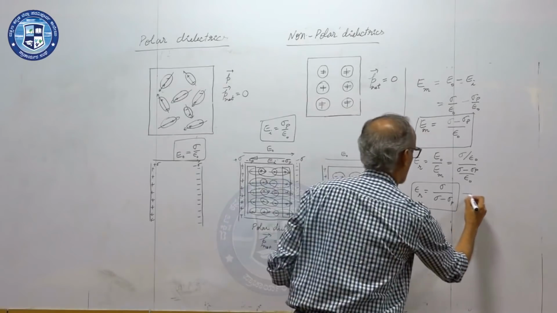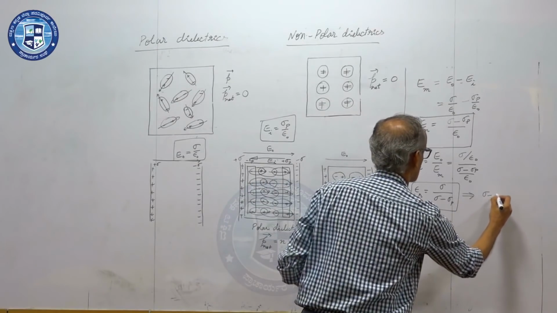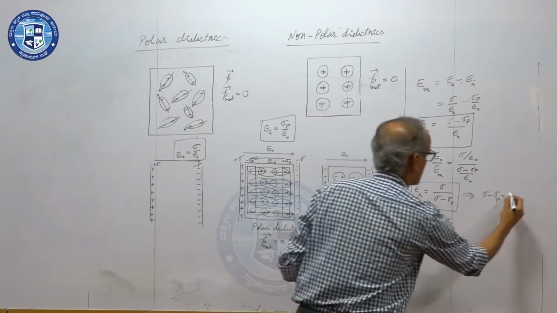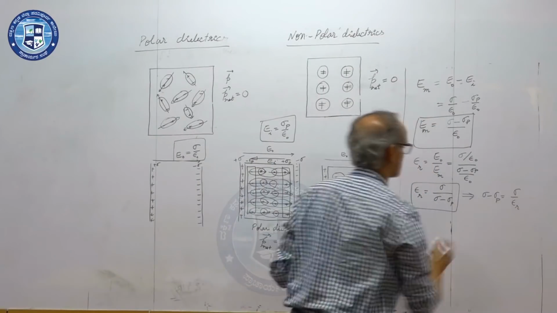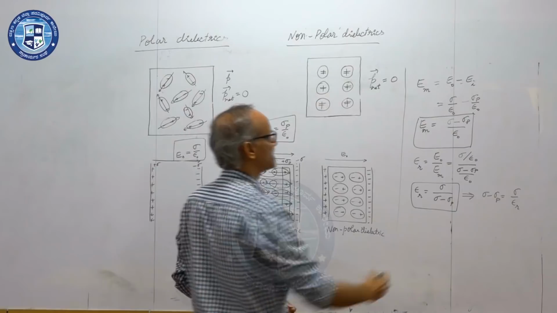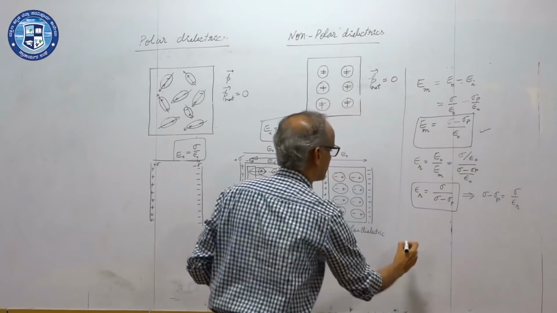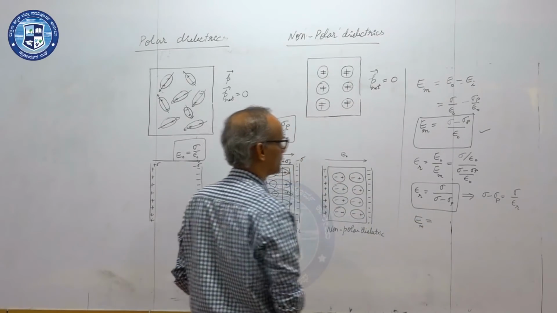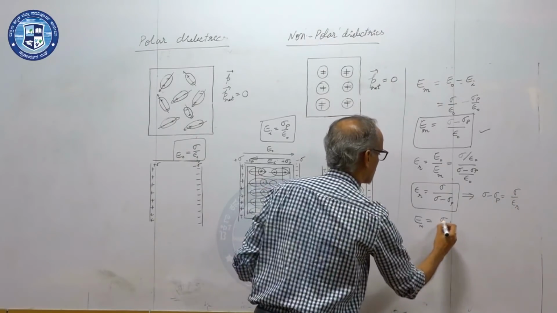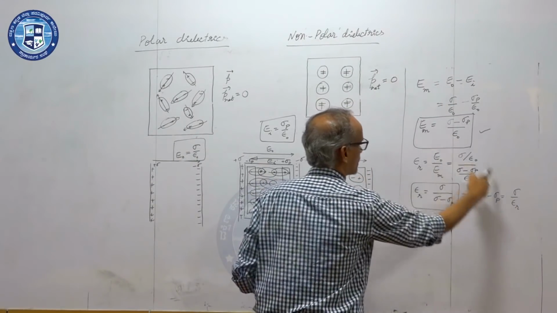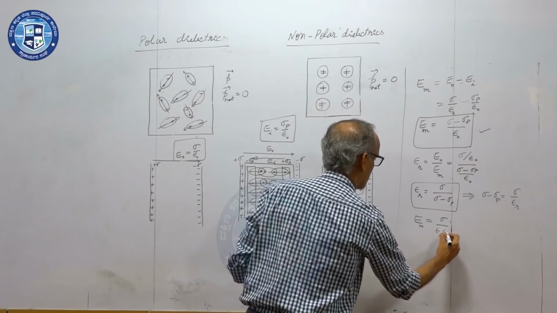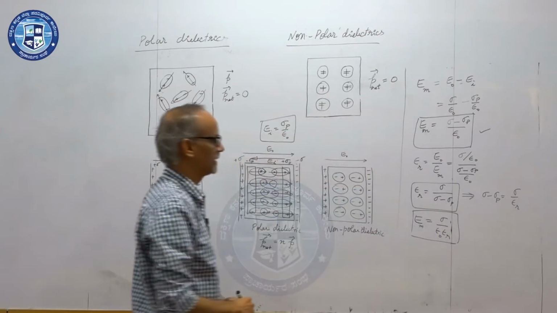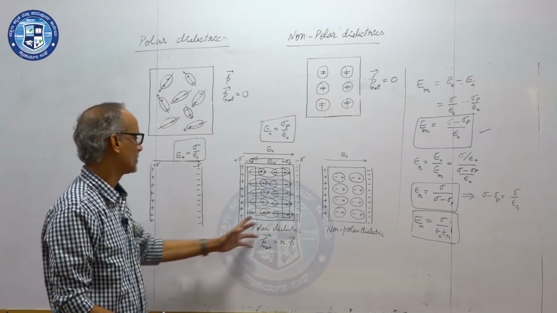From this, sigma minus sigma p is also given by sigma by epsilon r, and we can replace that here to find the net field E m, which is equal to sigma divided by epsilon naught into epsilon r. So, this is the expression for the net electric field between the two oppositely charged plates.